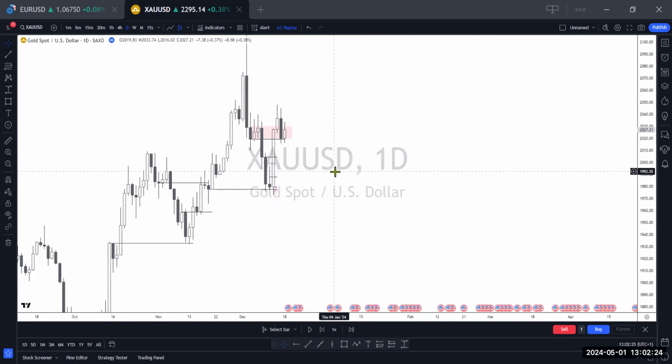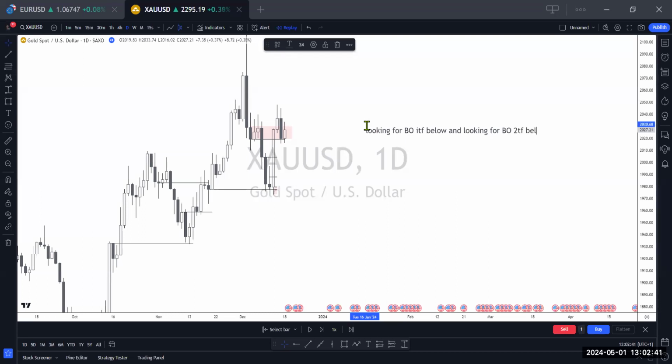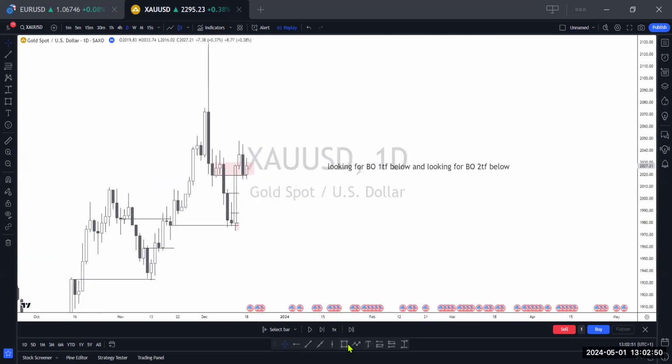So what is the difference between looking for breakout one time frame below and looking for breakout 2 time frames below? Can anybody tell me? Remember when we were validating SNR, we were looking for breakout and engulfing 2 time frames below. But for storyline, you look for breakout or engulfing 1 time frame below.